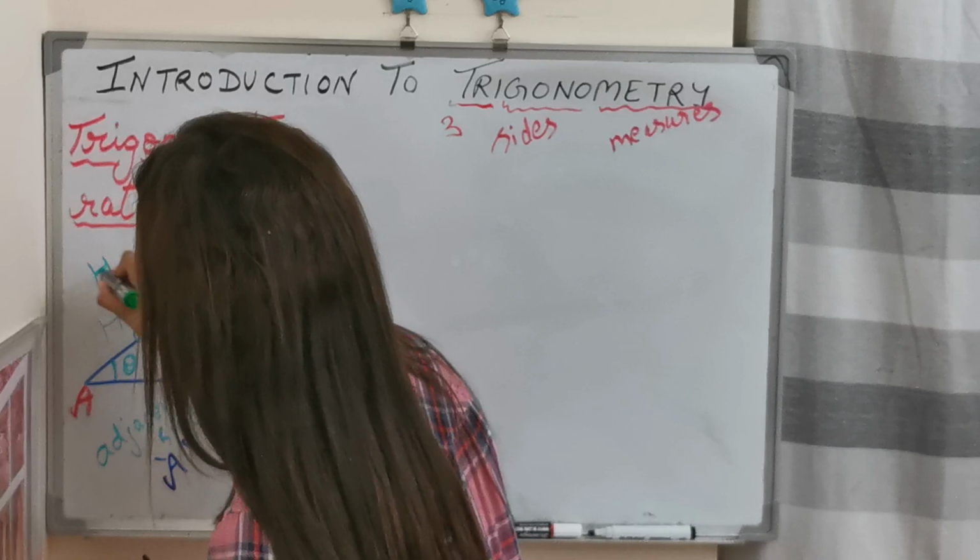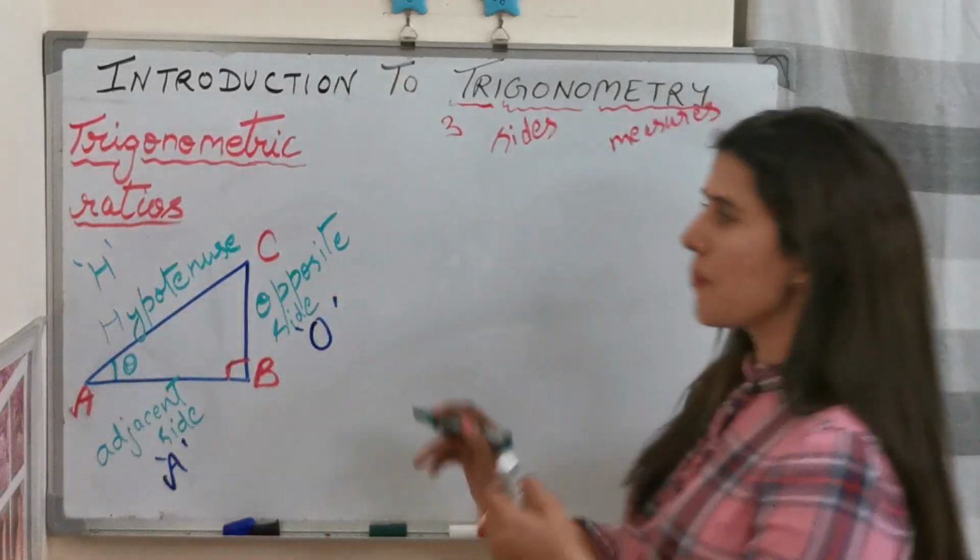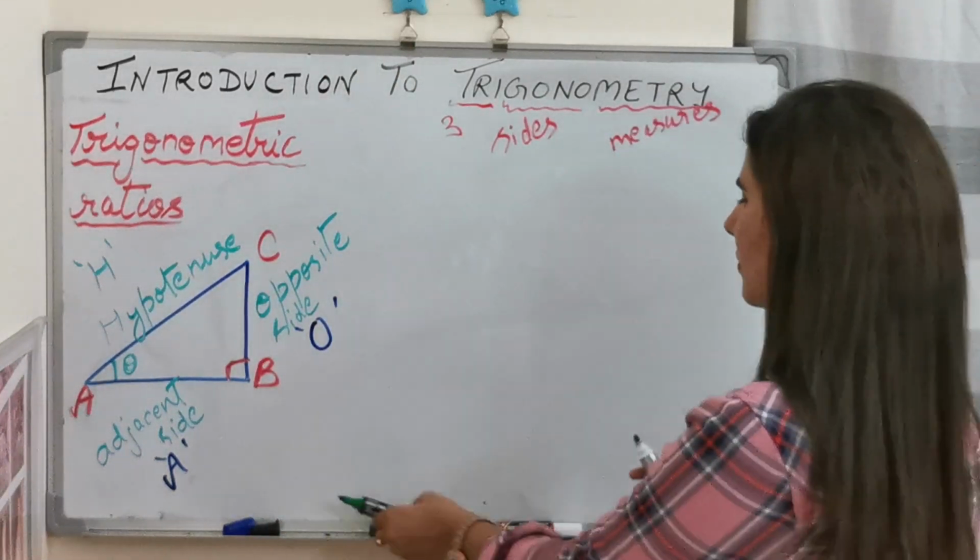And the notation we are using to represent hypotenuse is capital H.